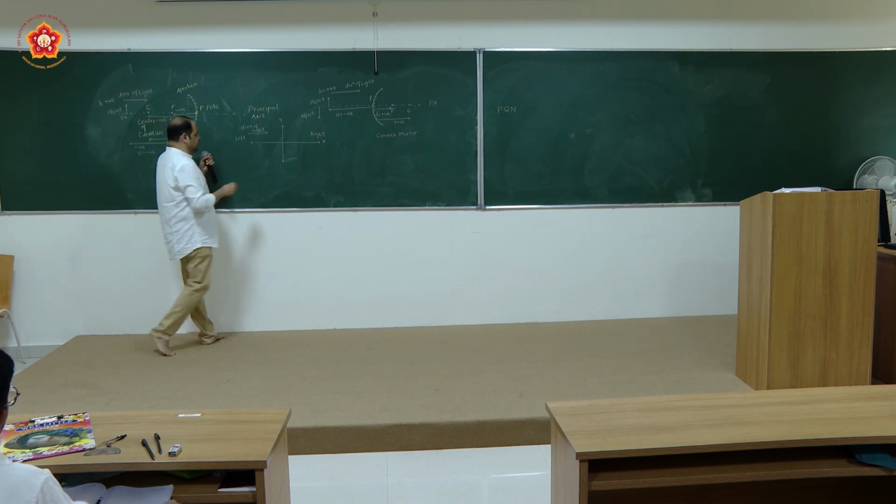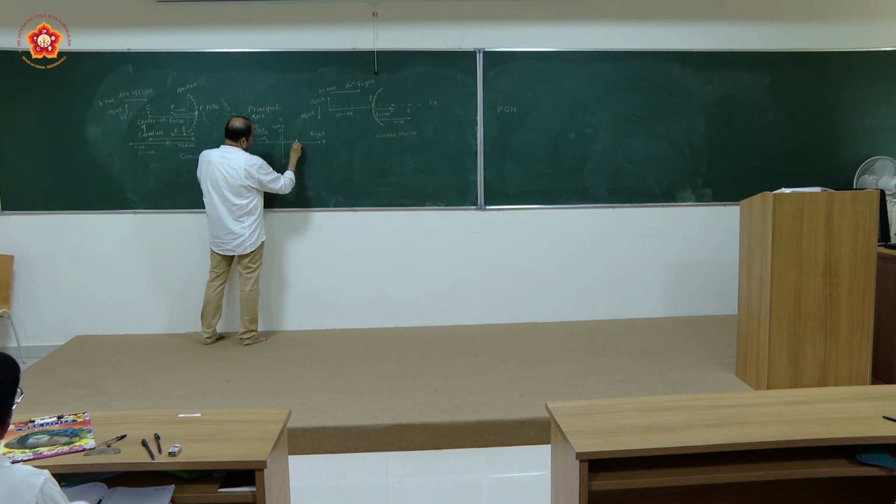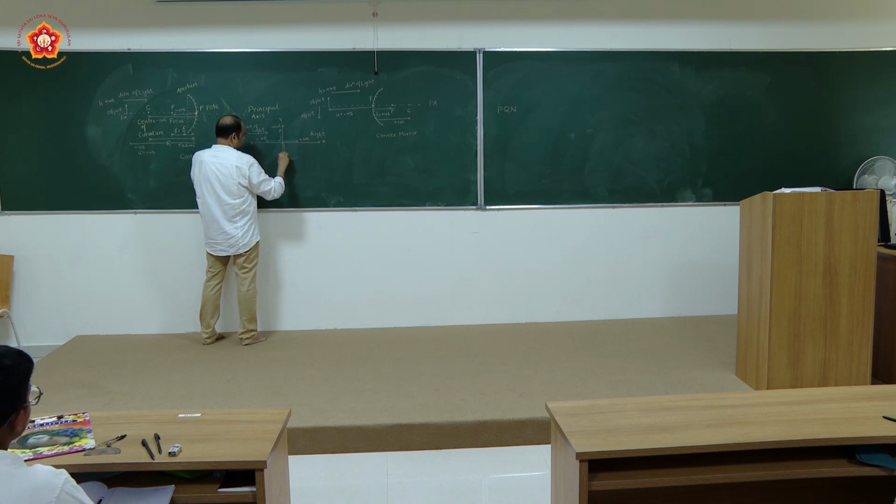If you are measuring from the origin, the distances to the left will be negative. If you are measuring from the origin in an upward direction, the distances will be positive. If you are moving to the right here, the distances will be taken as positive. If you are moving down, the distances would be taken as negative.